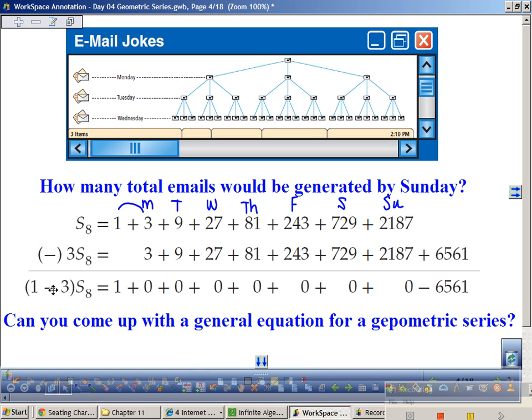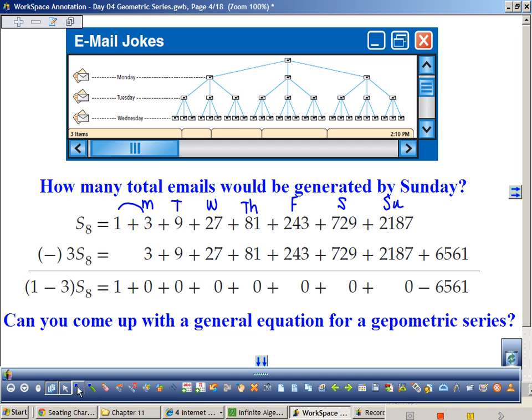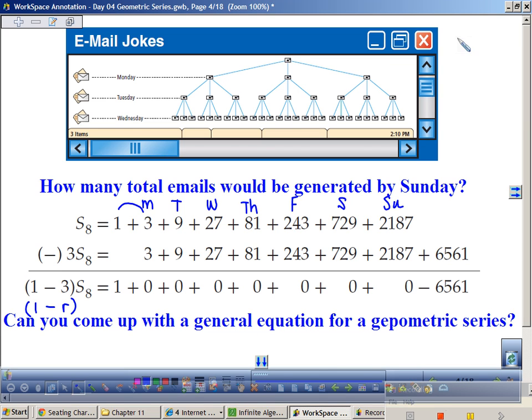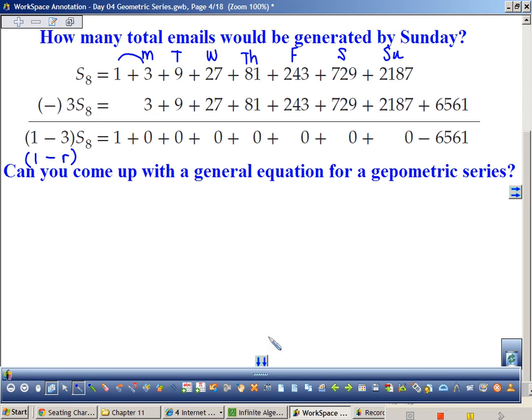What do you think I'm going to do at the very end? Divide. By what? Okay, so let's call this 1. What is 3? The ratio, so 1 minus r. We've got a_1, right? We'll do it down here.